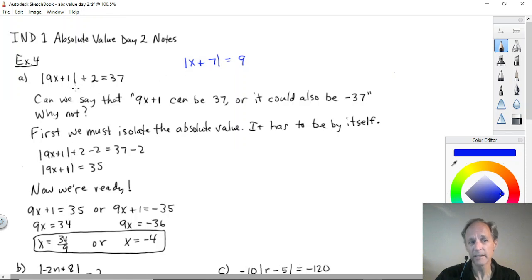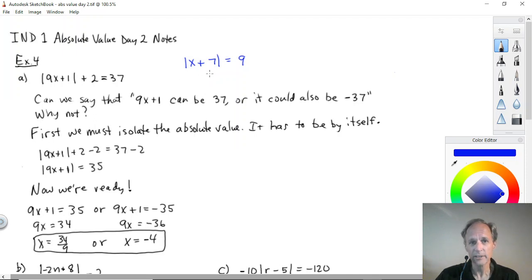And this one has the absolute value of 9x plus 1, plus 2, equals 37. So in this situation, can we say that 9x plus 1 can be 37, or it could also be negative 37? Those would both make it true. And why not, if we can't?